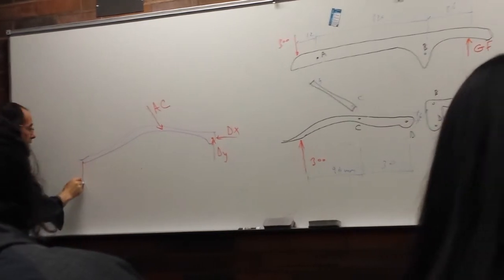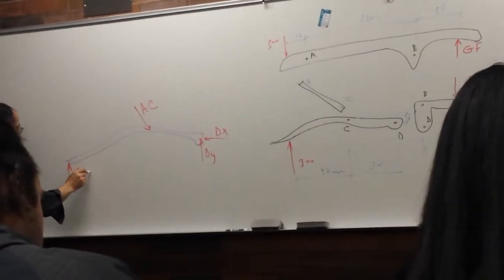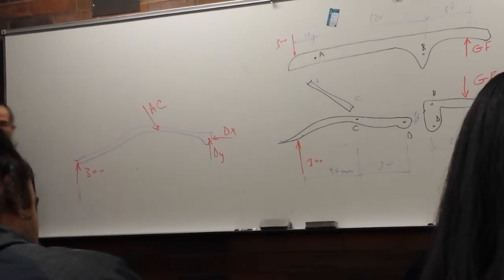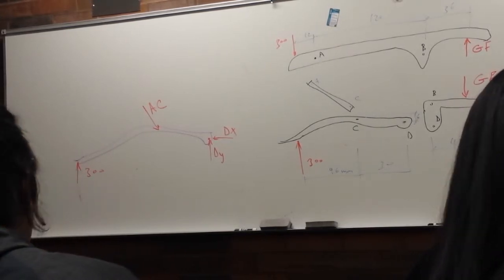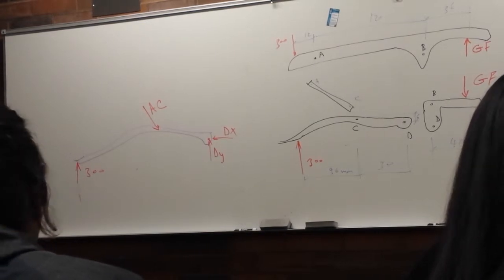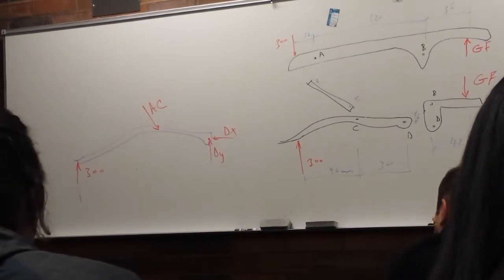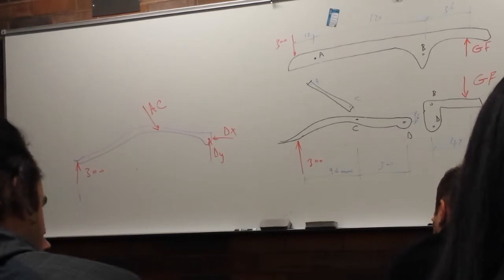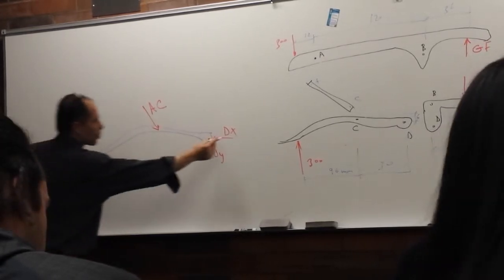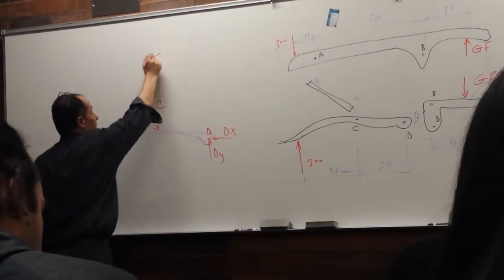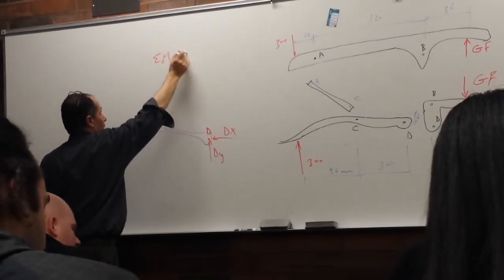I have here 300. Can you see it now? Everybody? Yeah. From this one, if I calculate the sum of moments at point D, here is D, to get rid of these 2 elements, sum of moment at D equals 0.